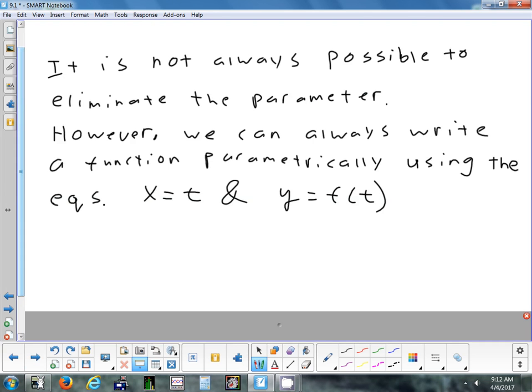Let my x equation equal t, and then in the original formula, replace everything with a t. It's kind of a cheap way to write it, but it does work. Just say, let x equal t, and then in your y formula, change all your x's to t's. And technically, that is parametric.